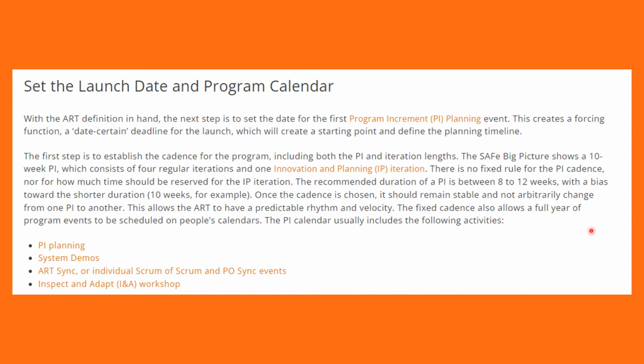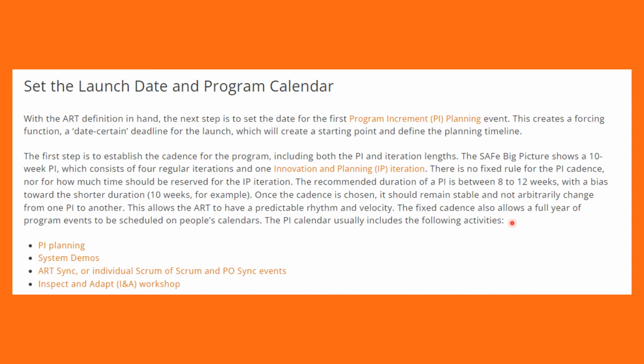So there's no fixed rule for PI cadence. The recommended duration for PI is between 8 to 12 weeks with a bias towards shorter duration, let's say 10 weeks. Once the cadence is chosen, it should remain stable and not arbitrarily change from one PI to another. This allows the ART to have a predictable rhythm of velocity.